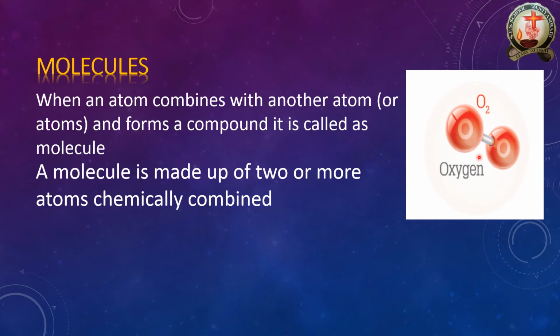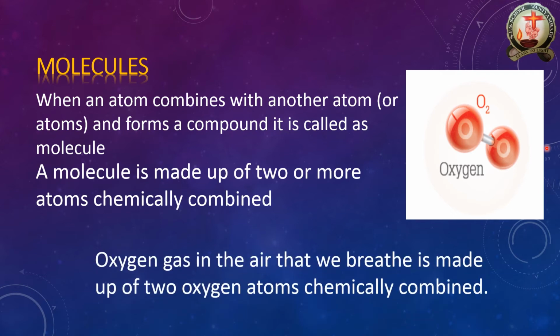Mutual sharing of electrons. A molecule is made up of two or more atoms chemically combined. Oxygen gas in the air that we breathe is made up of two oxygen atoms chemically combined. Now you can understand how the oxygen molecule is formed and how it acts in the human body.